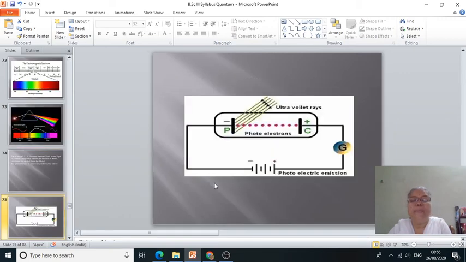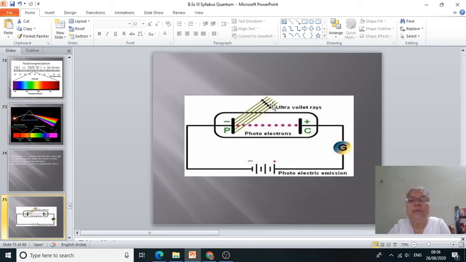Then the schematic experimental setup for the study of the photoelectric effect. This consists of an evacuated tube in which there is a positive electrode, that means anode, and a metal plate which acts as a cathode, that means negative electrode, and these two electrodes are connected through a galvanometer and battery.